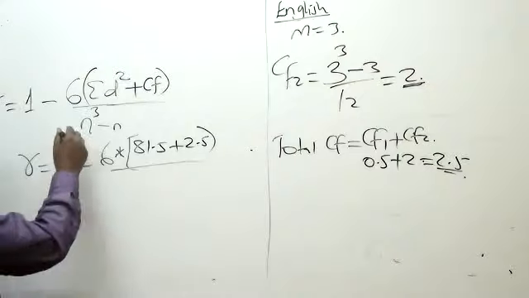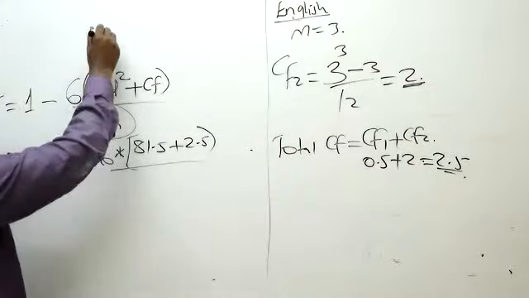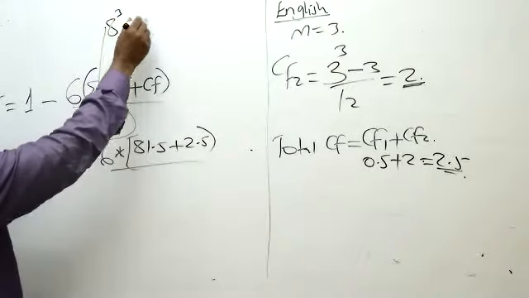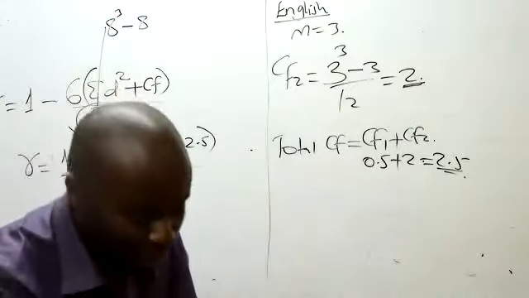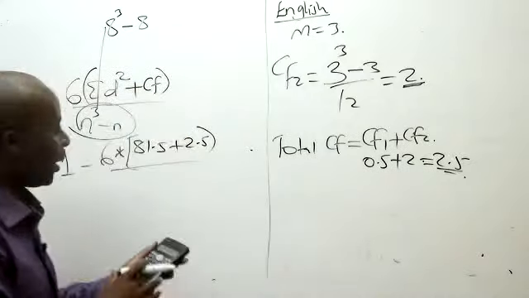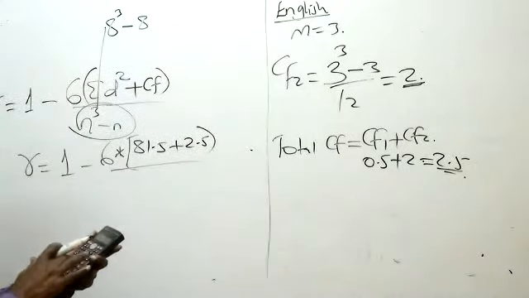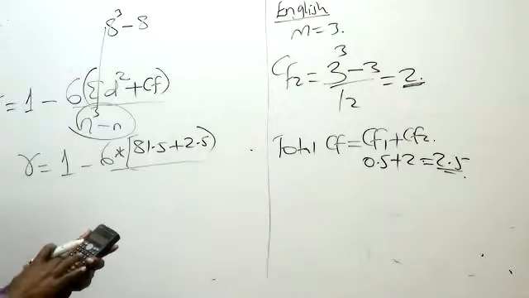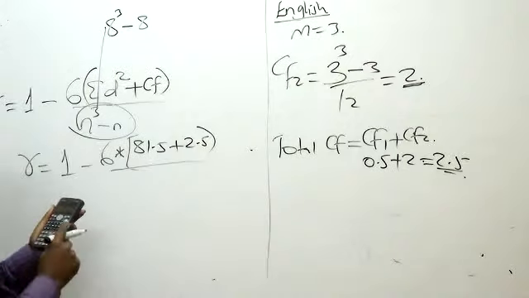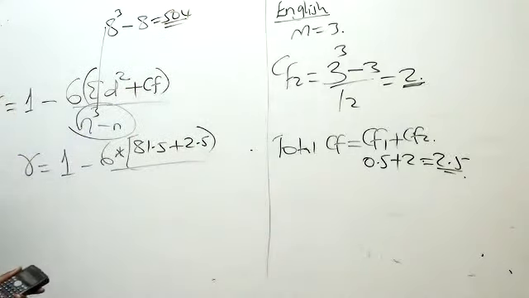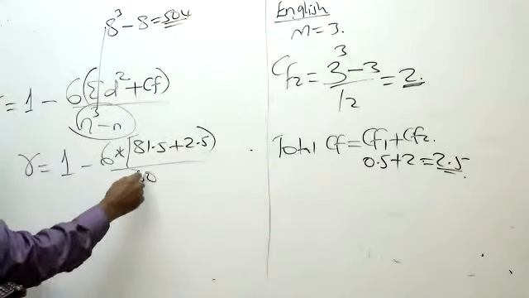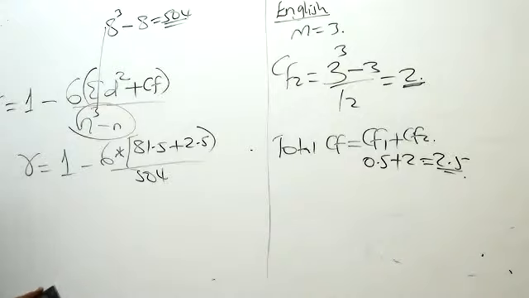Actually, this one I normally prefer doing separately, because I'll talk of 8 cubed minus 8. So we have 8 raised to power 3 minus 8, which at the end of the day will give us 504. So divide this with 504.